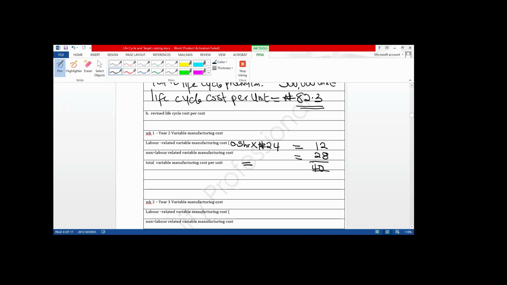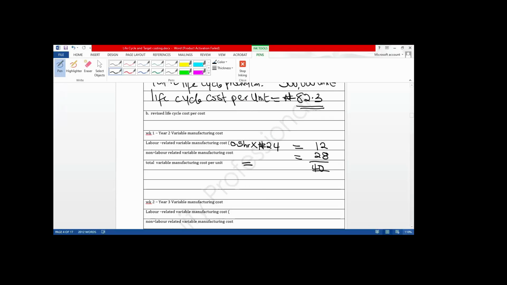Labor related is 12 naira per unit, non-labor related is 28. The two must give me 40 naira per unit variable manufacturing cost. I've separated this because learning curve will affect your labor-related cost, so you need to split into 2.